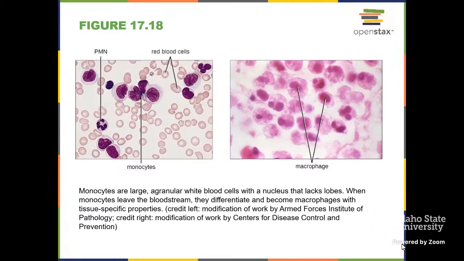monocytes are what we call agranular. Their cytoplasm looks pretty clear, all right? Not chock full of all sorts of digestive enzymes and numerous lysosomes, all right? So pretty smooth, or clear.